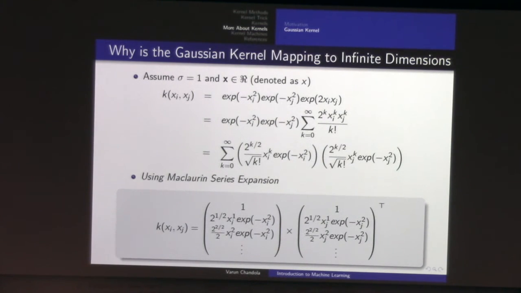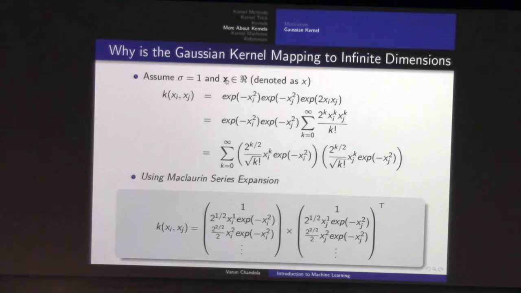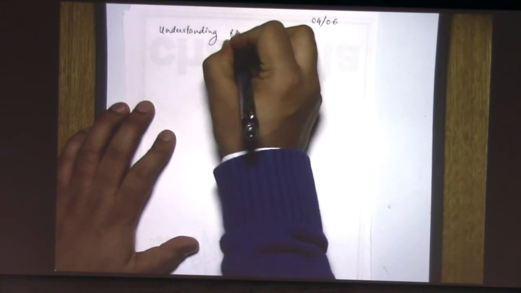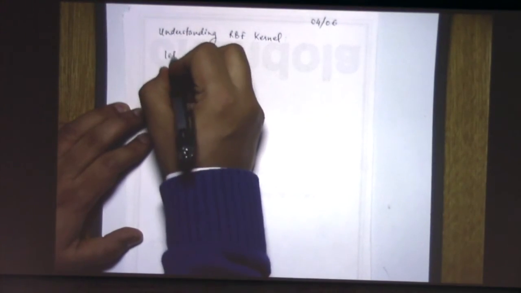how it does that. So the way to look at it is, let's assume that sigma is 1 for now, right? So of course, this is the kernel function, but let's say sigma is 1. Understanding the RBF kernel.